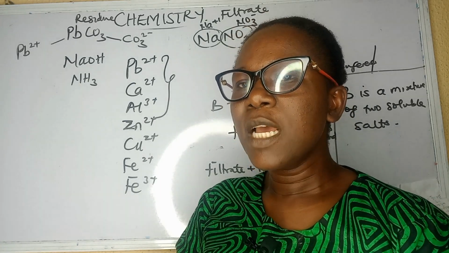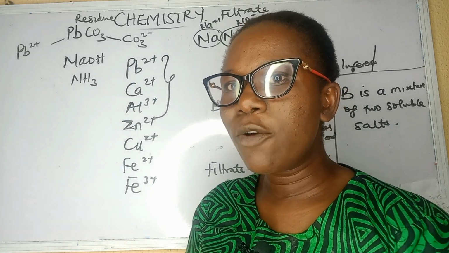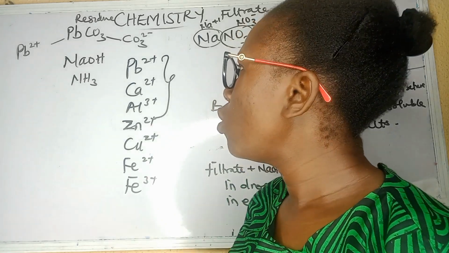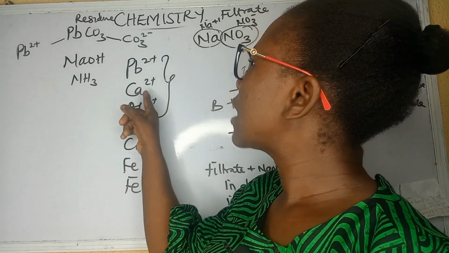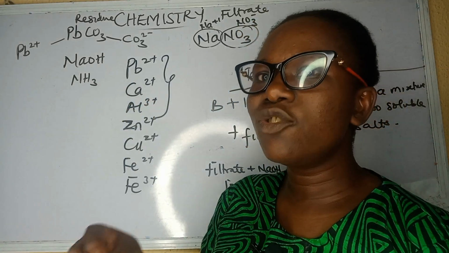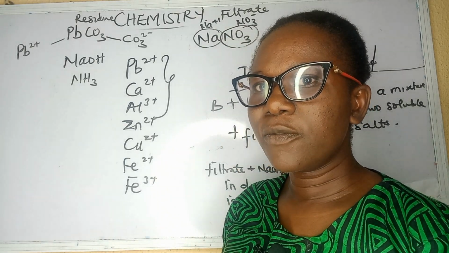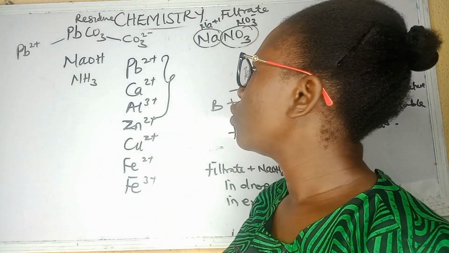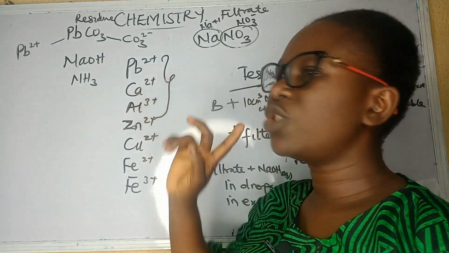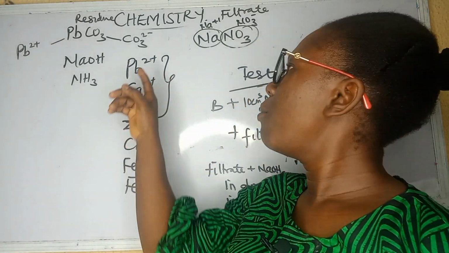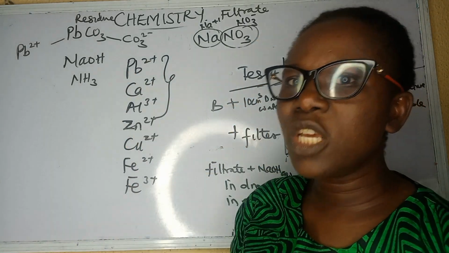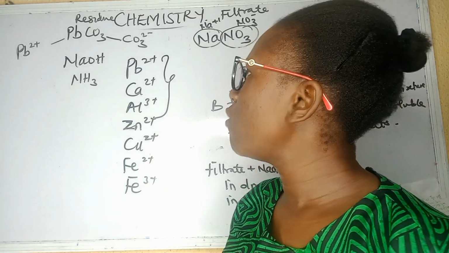When you add sodium hydroxide in excess, it will clear off. It will become soluble. Everything will dissolve. But if it is calcium, even when you add sodium hydroxide in drops or in excess, it will not dissolve. It is insoluble.